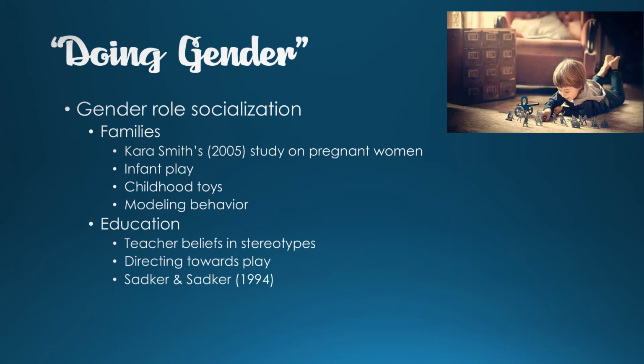Boys were encouraged to speak out of turn, not pushed to raise their hands, while girls were often silenced and told, oh no, you have to raise your hand if you want to speak. And boys were not nearly as disciplined as girls were in the classroom. What they argue is that even though boys and girls are sitting side by side in the same classroom, they're actually receiving a completely different education.